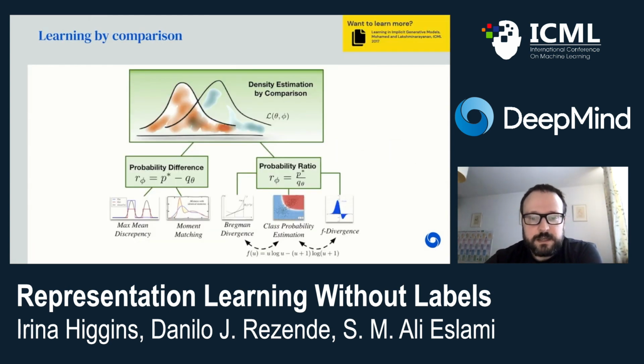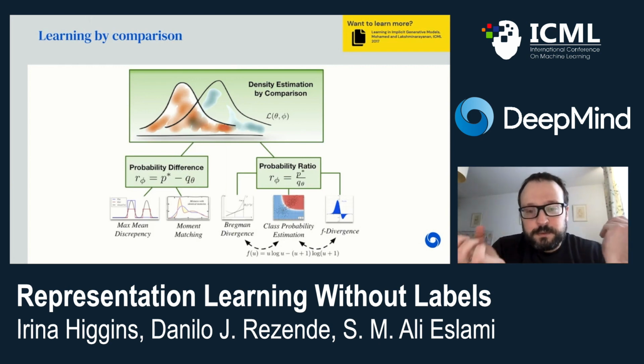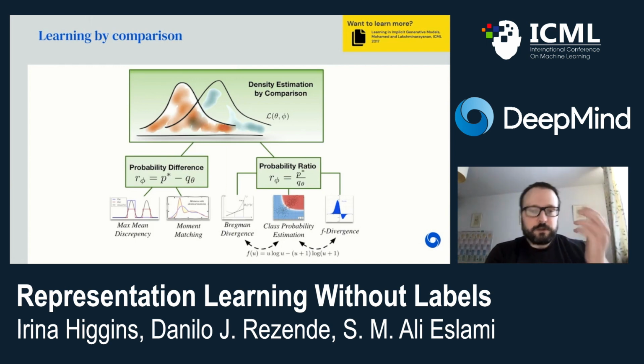But GANs can also be seen from a different perspective. At least the algorithm that is used to train GANs can be seen from the perspective of estimating probability ratios between the model density and the target density without knowing the probability densities explicitly.